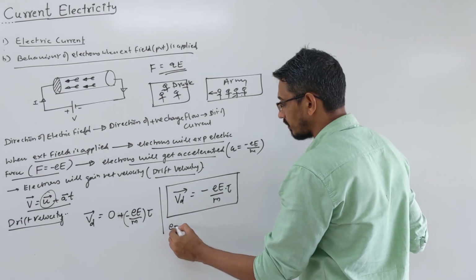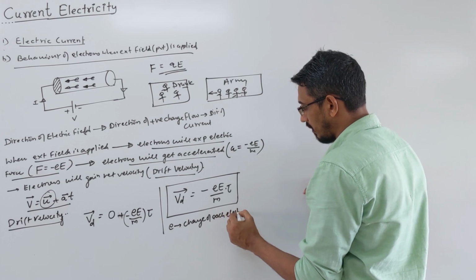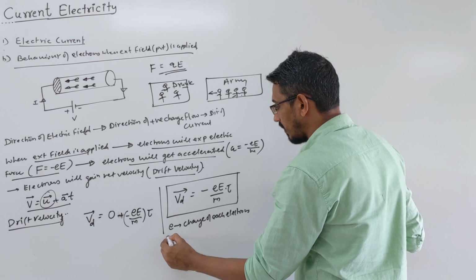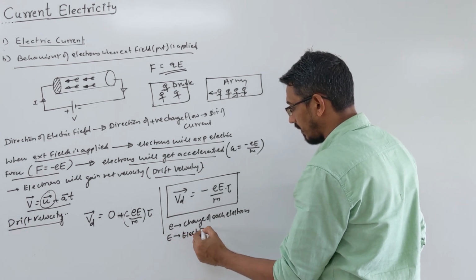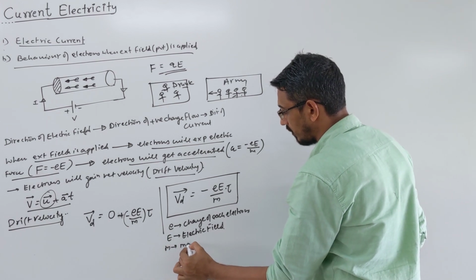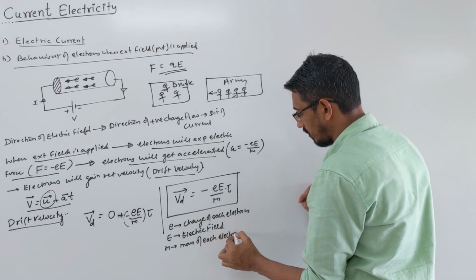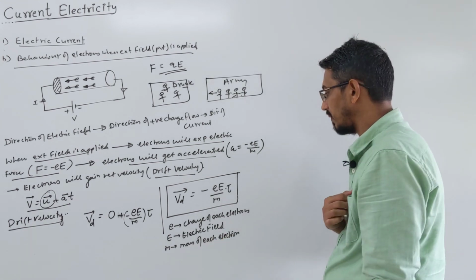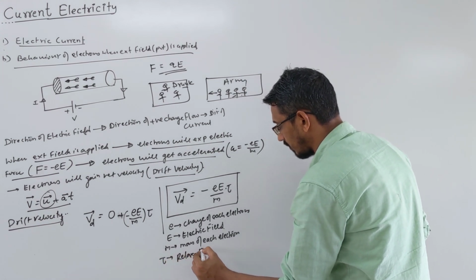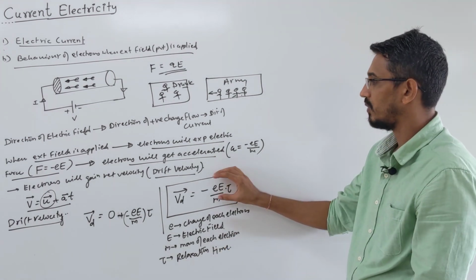Let me write: e is the charge of each electron, which you know already, 1.6 into 10 power minus 19, E is the electric field you are supplying, m is the mass of each electron, 9.1 into 10 power minus 31, and tau is your relaxation time, the average time taken between two collisions.